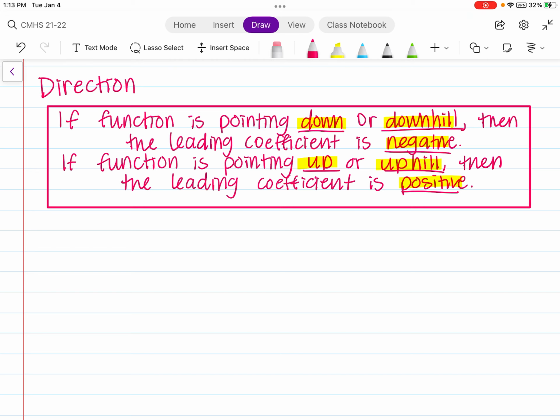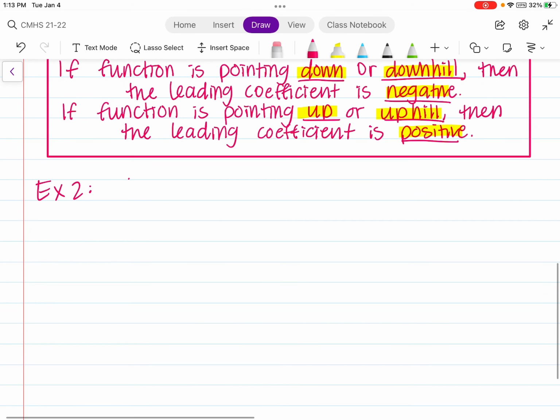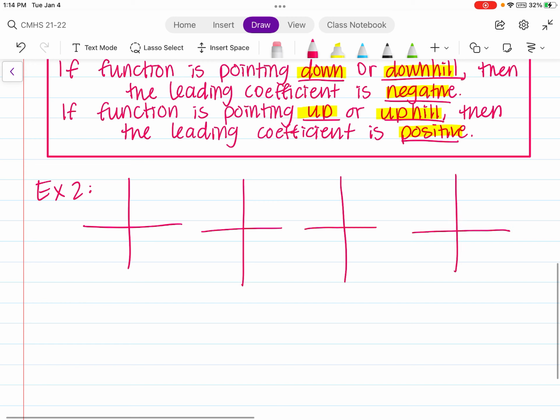So we're going to do example 2, and we'll do some examples of this. This time we're going to have 4 little graphs instead of 3. The first one is a parabola that's going to be frowning. The next one is that same squiggly line, and the same squiggly line from before.